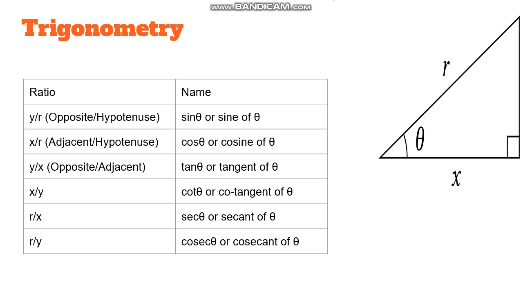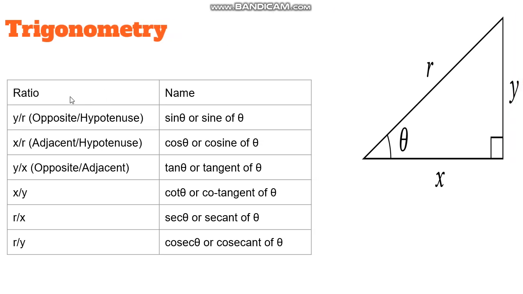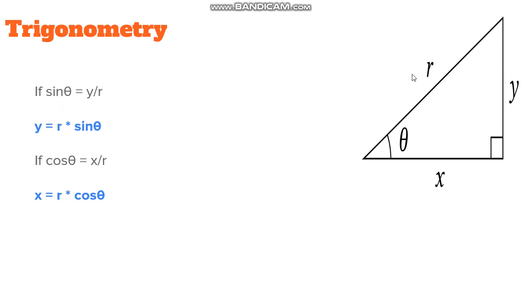In trigonometry, y by r is defined as sin theta, which is opposite by hypotenuse, and x by r, which is adjacent by hypotenuse, is defined as cos theta, and y by x, which is opposite by adjacent, is defined as tan theta. Similarly, if sin theta is y by r, then y is r sin theta.